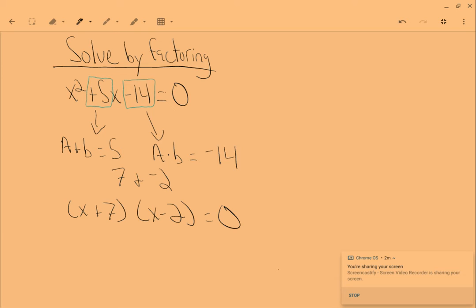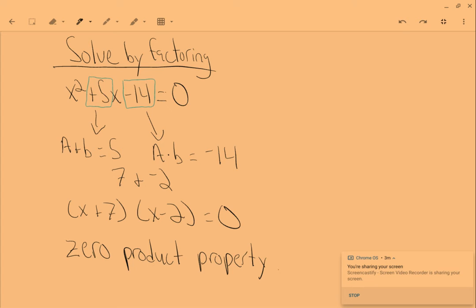Once we get to that point, we're going to use something called the zero product property. Whenever I have two things that multiply to 0, in this case two factors that multiply together to get 0, we know that at least one of those two things has to be equal to 0.